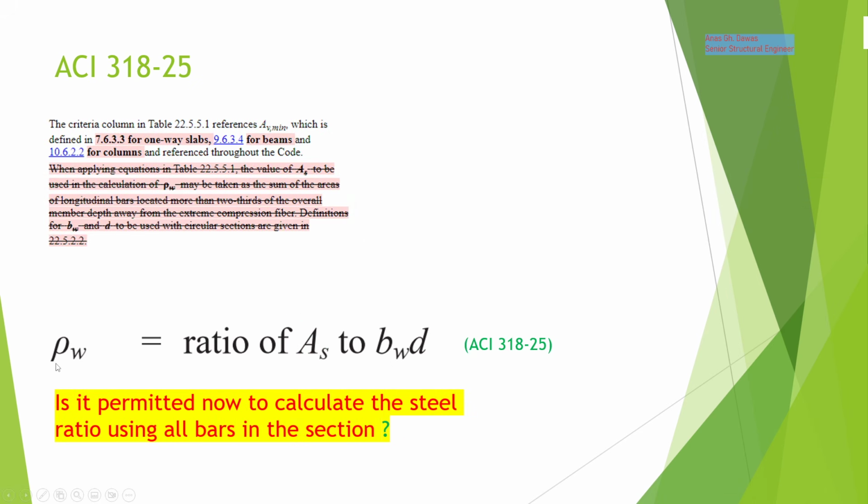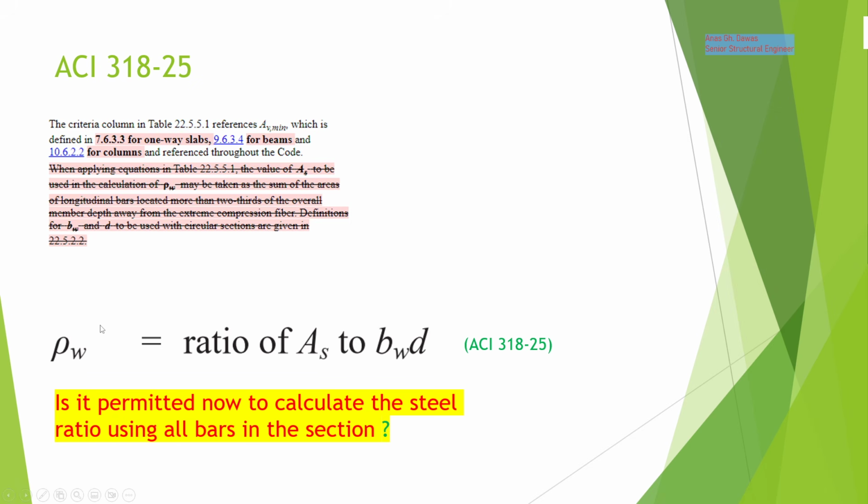Okay, in fact, the steel ratio here, as you can see, this provision has been revised a little bit. For the steel ratio, practically, we are taking the flexural tension reinforcement.